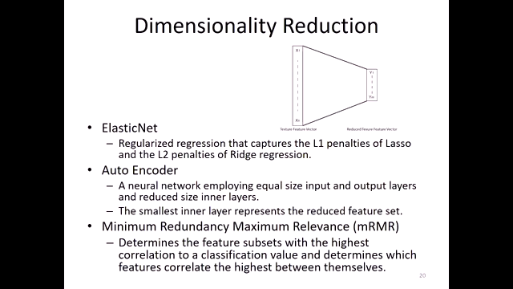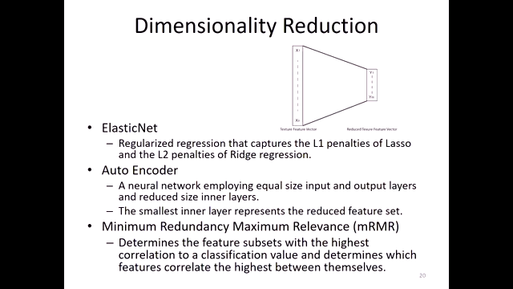The smallest interlayer represents your reduced feature set. If you take this image and mirror it back, you have your input texture features here and your reduced smallest feature set there, which encodes that, and then in the learning process, decodes it back to match the original texture feature vector.